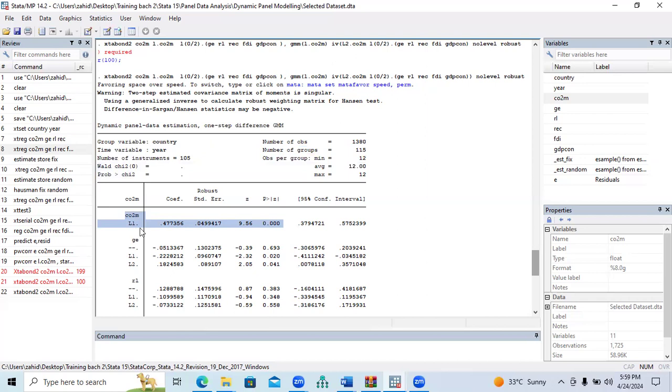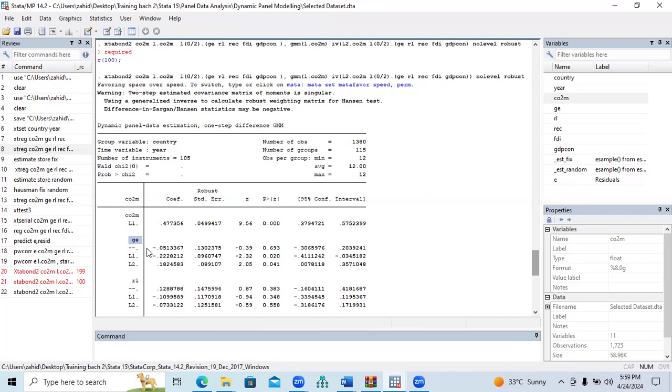Because if you see the lag 1 coefficient, it is positive, and the p value is also highly significant. It means your dependent variable, which is CO2 emission, is significantly determined or significantly enhanced due to its own previous value.